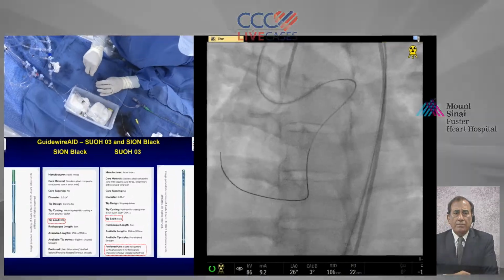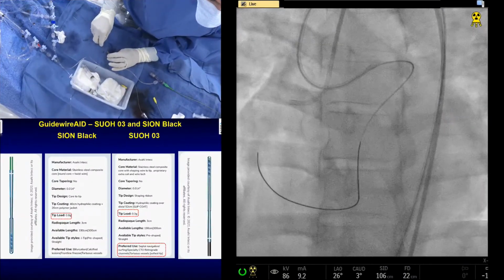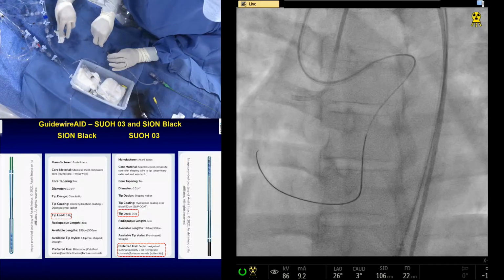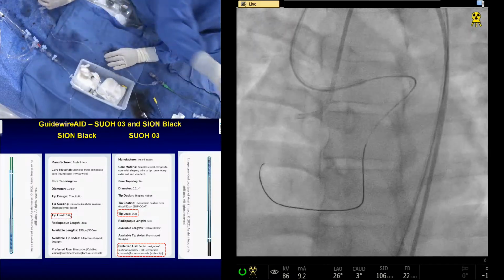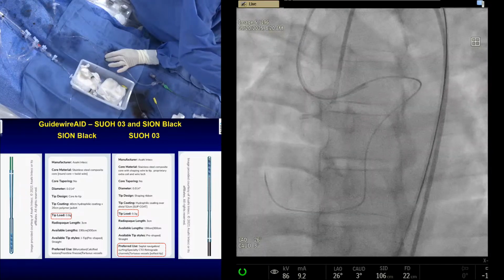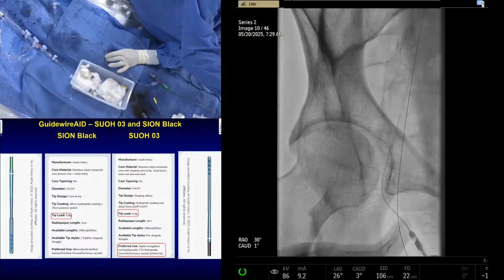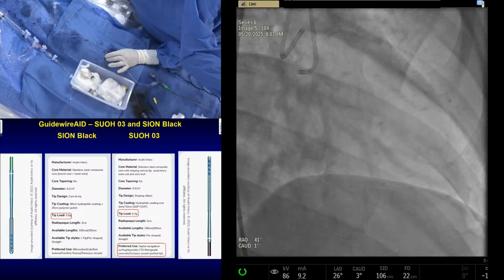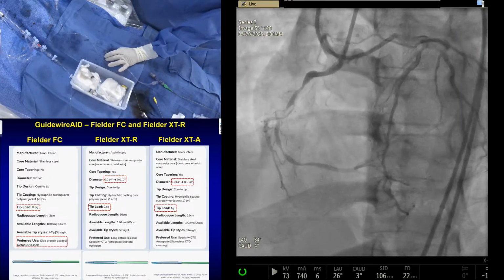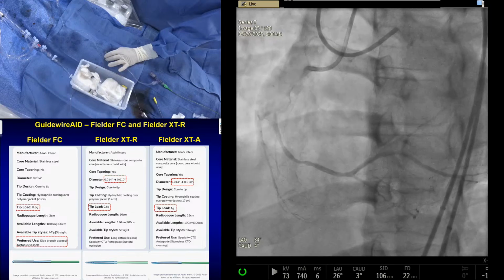Now the question is, tell us, Anu, you change the wire now. Yes. I try to do it with a Fielder, but you see it keeps going to that RV branch. So this Fielder keeps going there.